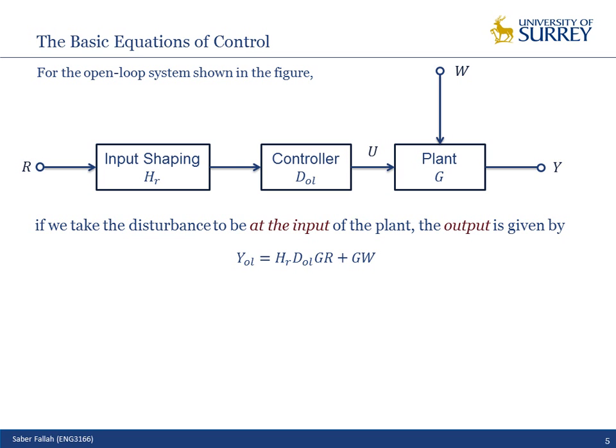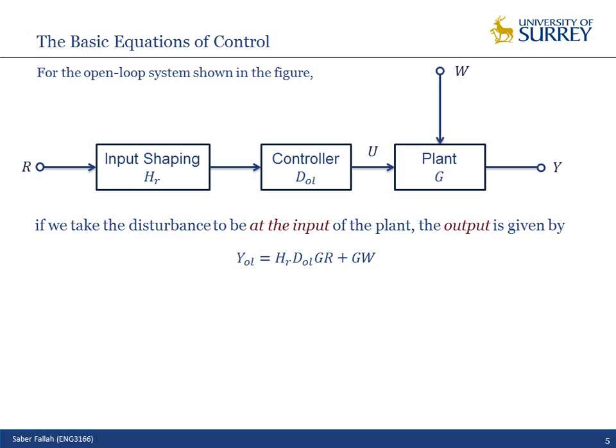So here I have two inputs, so my final response is composed of two responses: one response due to the reference input and one response due to the disturbance input. Correct? In order to calculate using the superposition principle, I first assume W is 0. Ignore the disturbance.